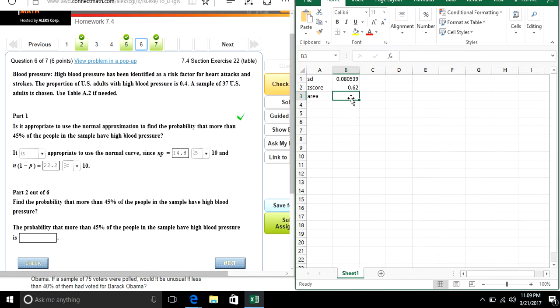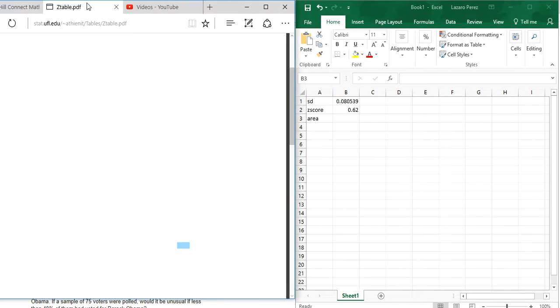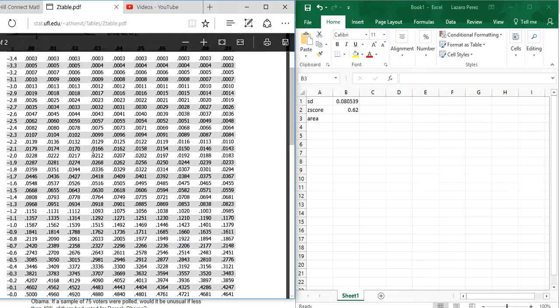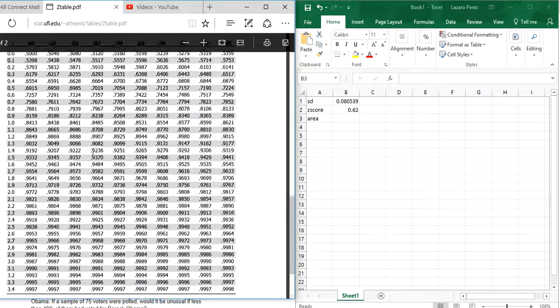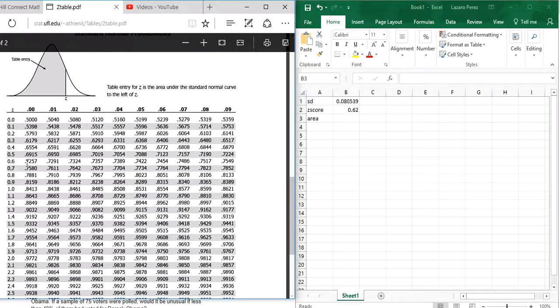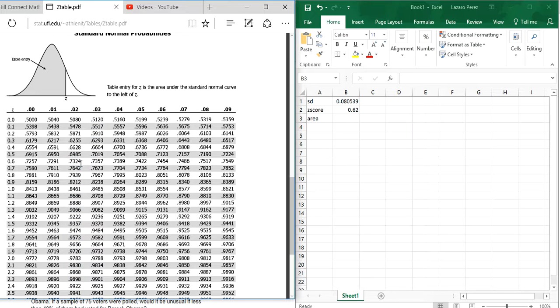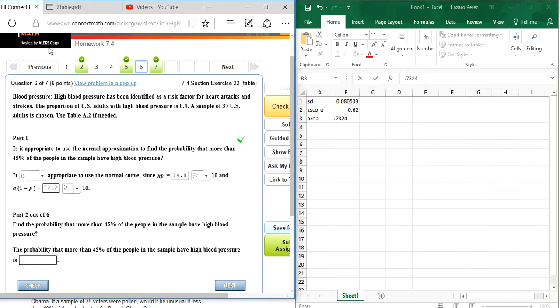So z-score 0.62. So let's find the area for 0.62. This is positive. So 0.62 gives 0.7324. But remember, they're asking for what's greater. They said more than.